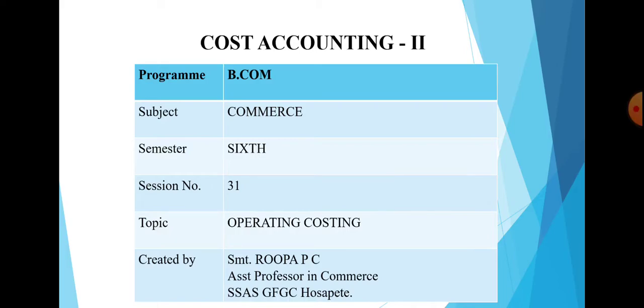Second step is to calculate the total operating cost. Third step is to calculate the cost per kilometer or cost per ton kilometer or cost per passenger kilometer. So this session covers three problems which involve the first step, that is calculation of the total ton kilometer or total passenger kilometer.